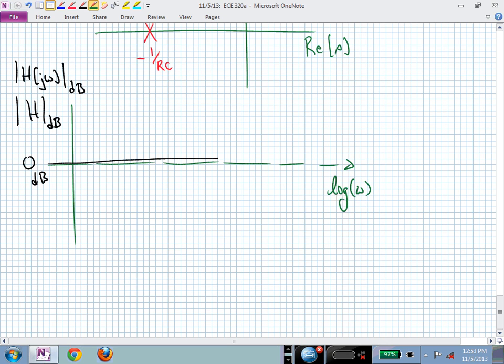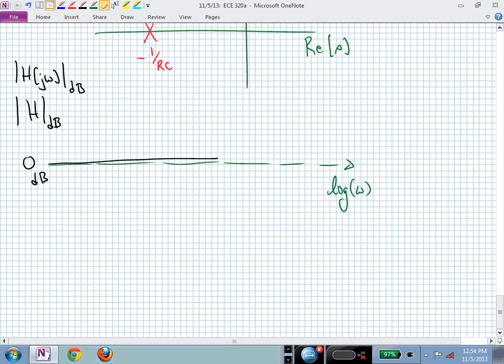We know we're starting at, and where is 0 frequency on this Bode plot? I'm sort of giving you incorrect information maybe by drawing that vertical line. Where is 0 on this log of omega? If omega is really small, 10 to the minus 6, what's the log of 10 to the minus 6? Base 10.